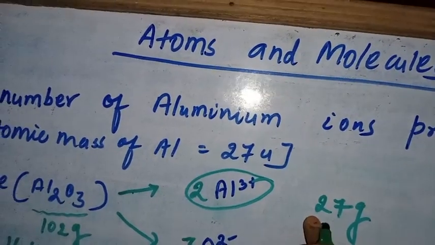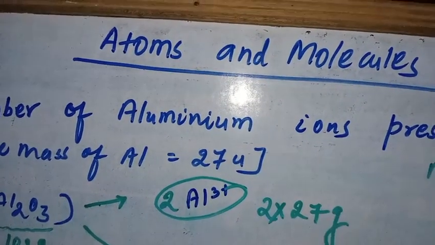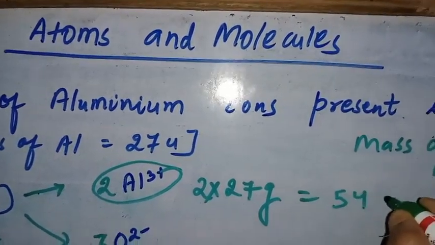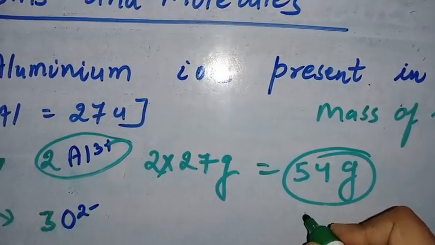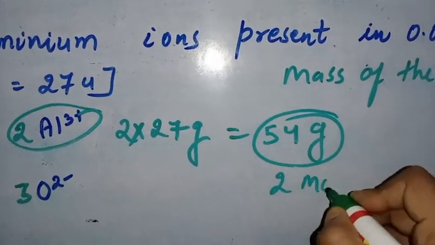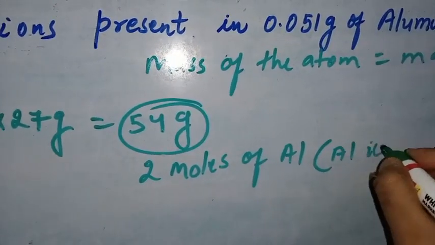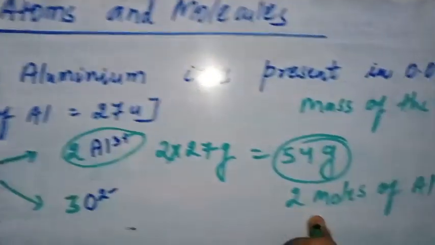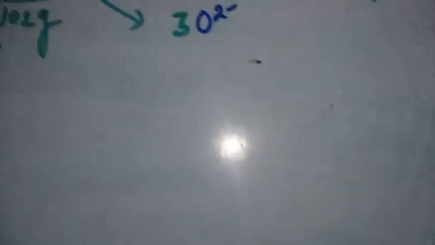Since there are 2 aluminium ions, we multiply it by 2, so 2 into 27 gives 54 gram. And 54 gram is equivalent to 2 moles of aluminium ions. So from that we have got that 102 gram, or 1 mole of aluminium oxide, contains 2 moles of aluminium ions.